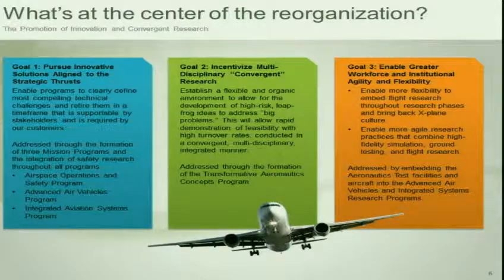And then we're looking at ways to enable more agile research practices that bring our people, our analytical abilities, our ground test abilities, and our flight research capabilities all together and work those in a more organic way. So a lot left to be done on goal 3, that's something that we're going to have to work over time. But those are the 3 things we're trying to accomplish, and we've focused our reorganization around that.